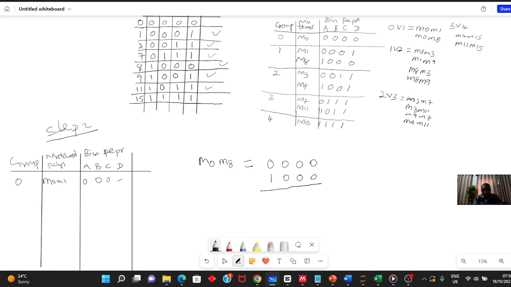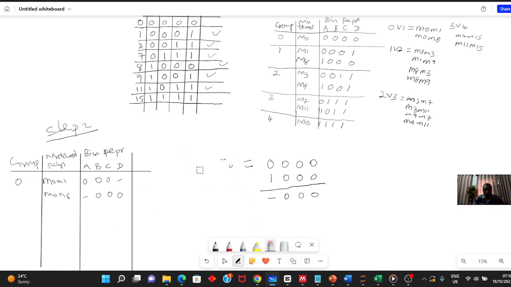So let's see the match pairs. 0 with 1, you put a dash. 0 with 0 is 0, 0 with 0 is 0, 0 with 0 is 0. We are keeping this because the change happened just once. So under the group of 0, we have M0, M8, and the match pair is dash, 0, 0, 0.